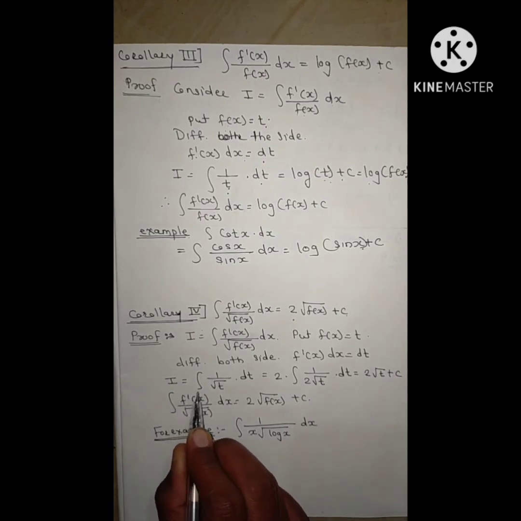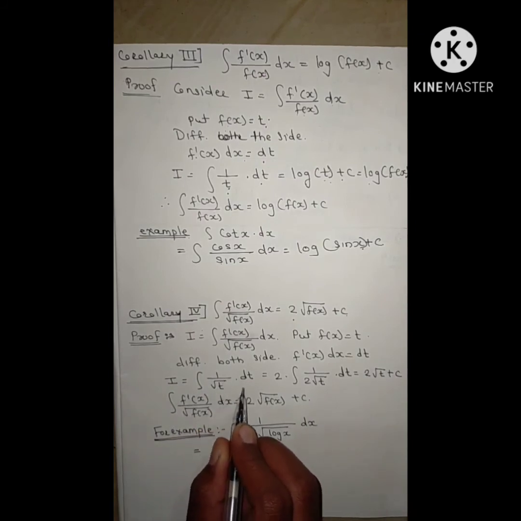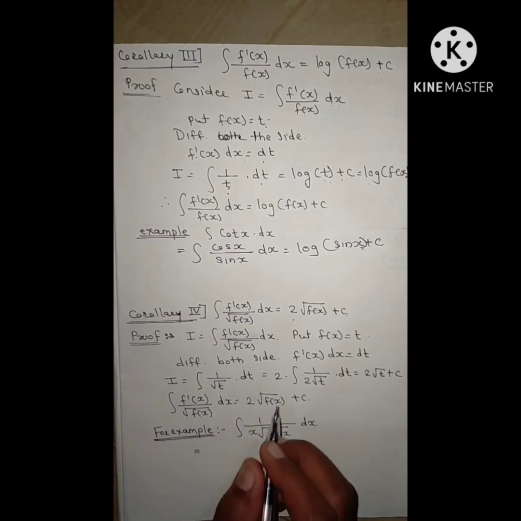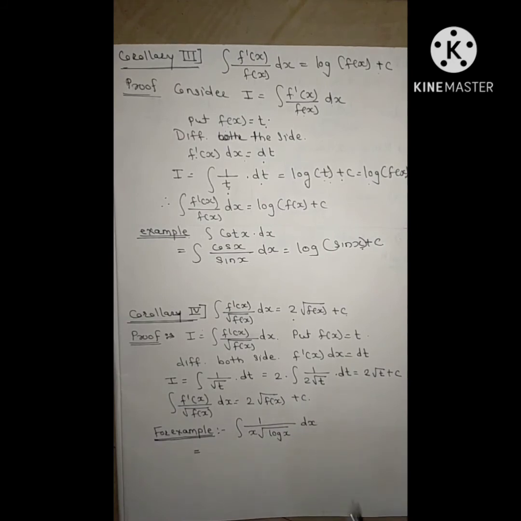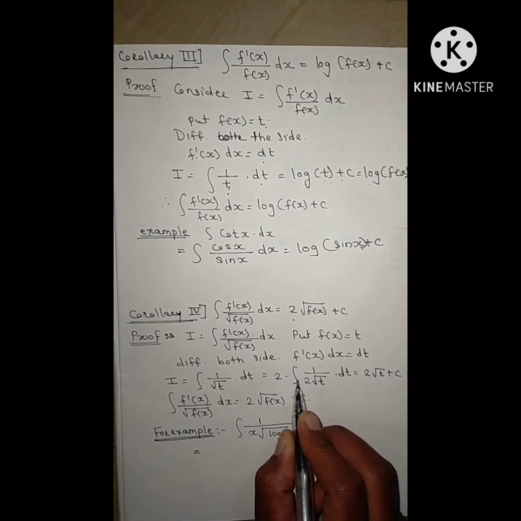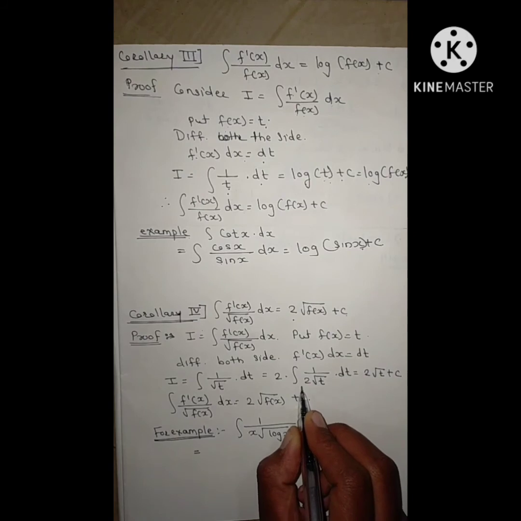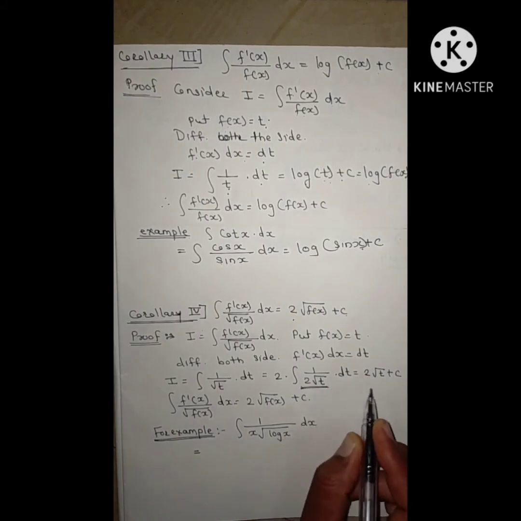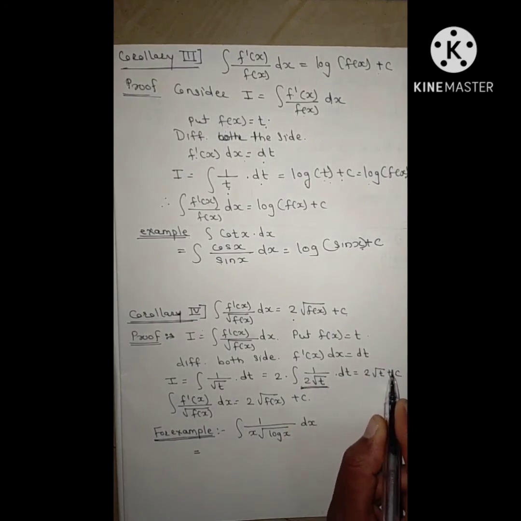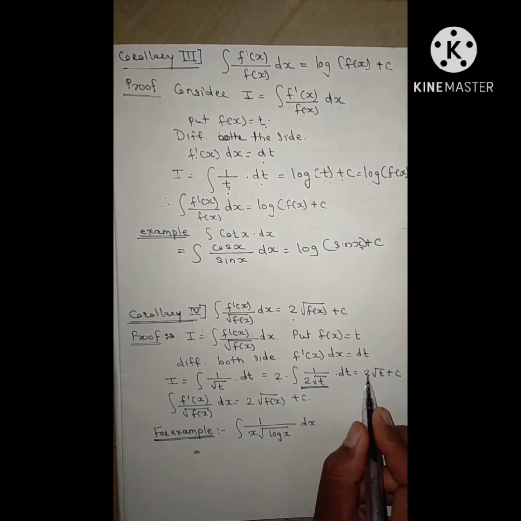We get I is equal to integration 1 upon under root t dt, which is equal to, now multiply numerator and denominator by 2, we get 2 into integration 1 upon 2 root t into dt. We know the value of this integration is root t and this 2 as it is, therefore 2 into root t plus c.